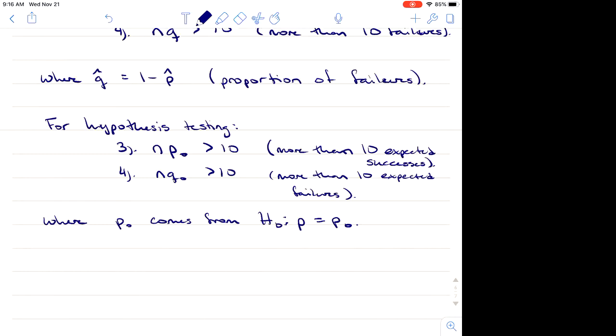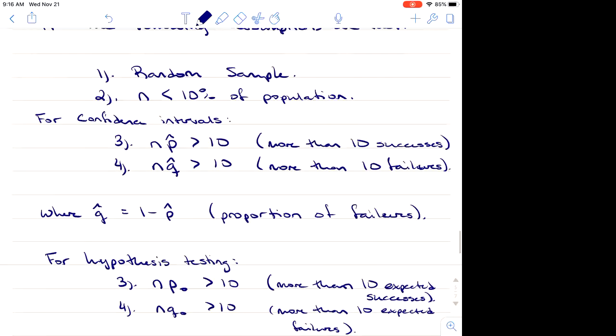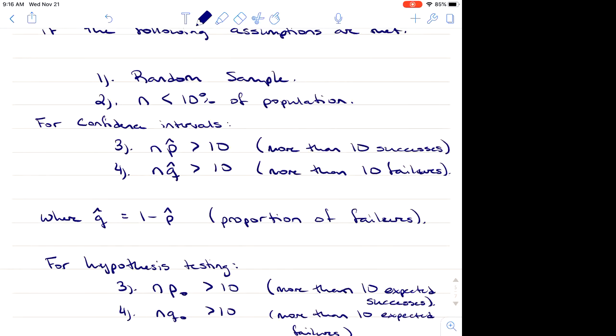To be completely honest, if you just wrote these out exactly like you see them here, I'd say that's 1.5 marks out of 2. Ideally, what we'll do in the examples is we'll calculate the number of successes and the number of failures, the number of expected successes and failures.